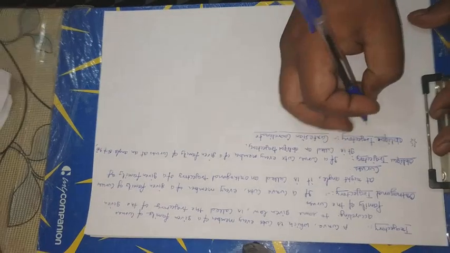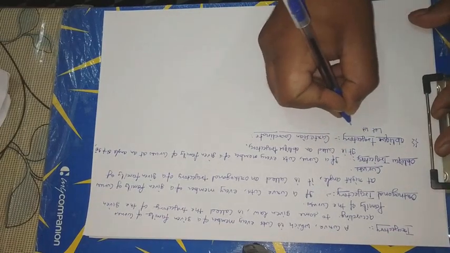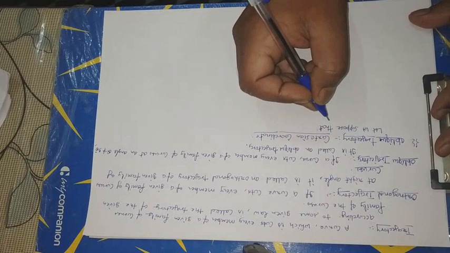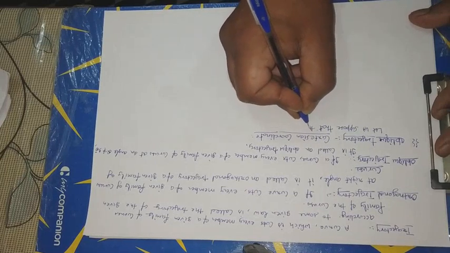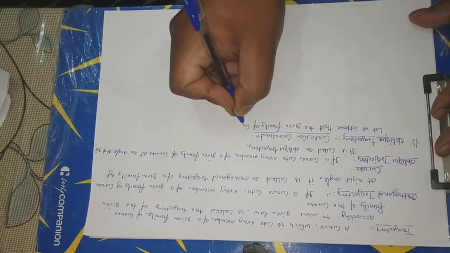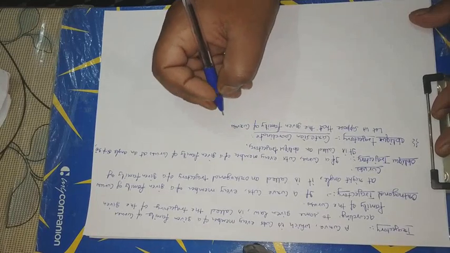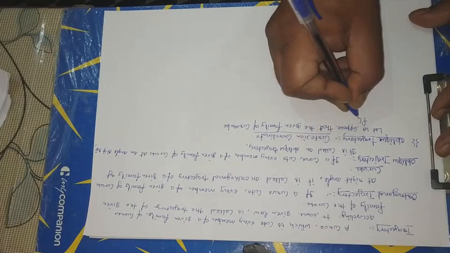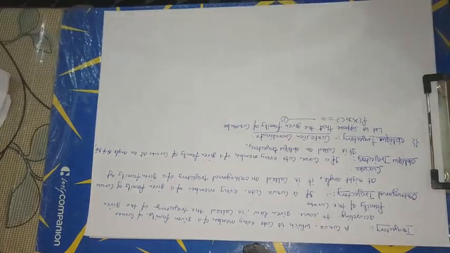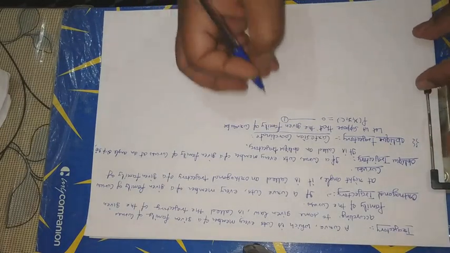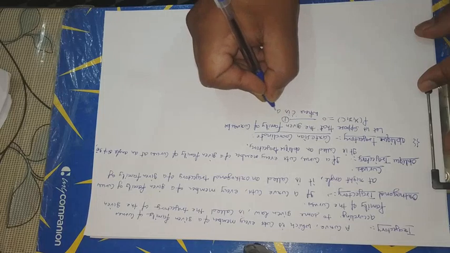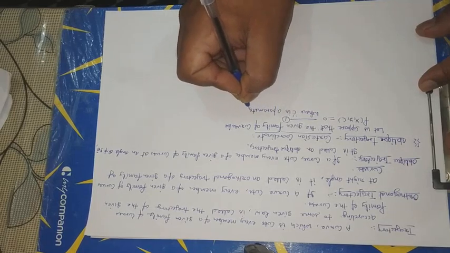Let us suppose that the given family of curves be f(x, y, c) = 0, represented by equation number 1, where c is a parameter.